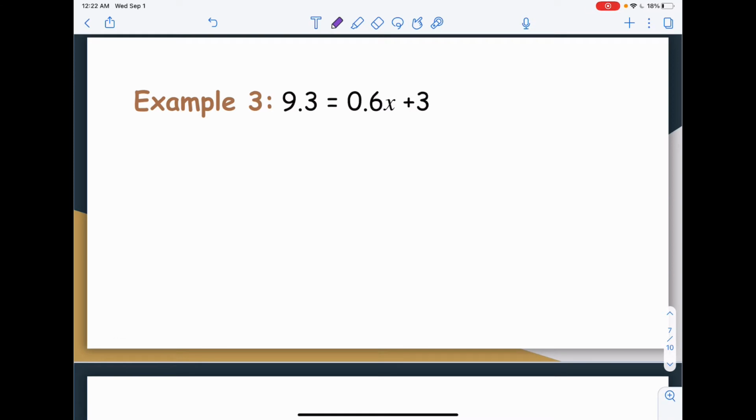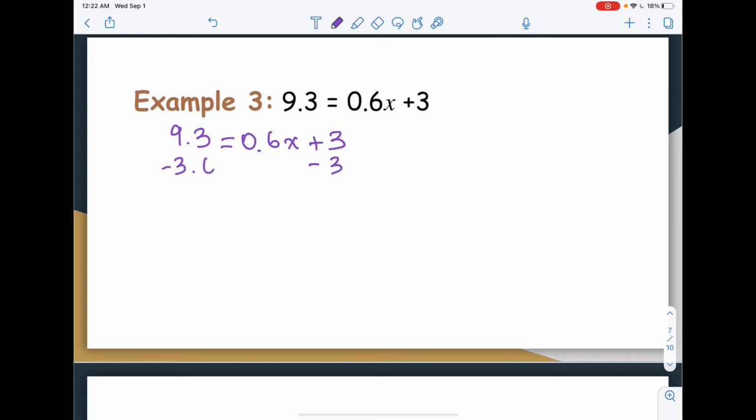So let's go ahead and start with writing the original equation, which is 9.3 is 0.6x plus 3. Our constant is 3 here. We're going to start doing the inverse operation on the constant by subtracting 3. Be careful because here you're applying decimal subtraction, so you need to line up the numbers.